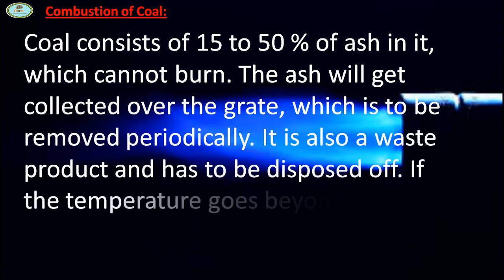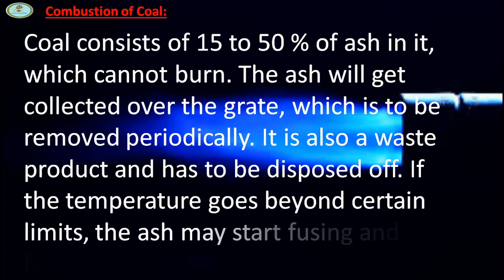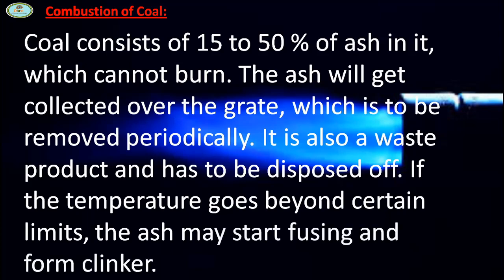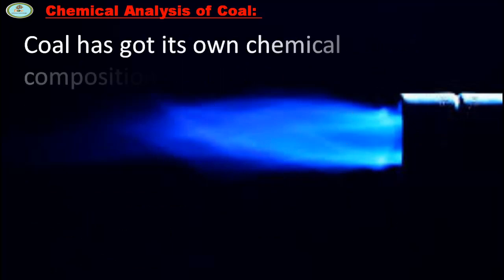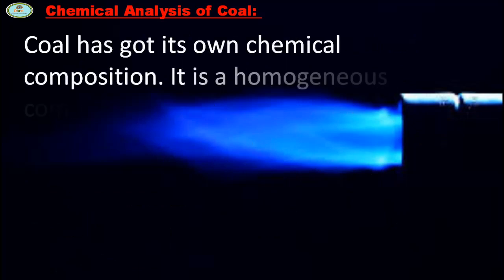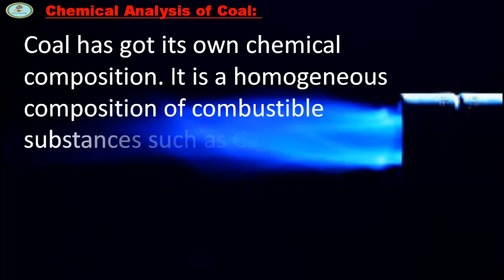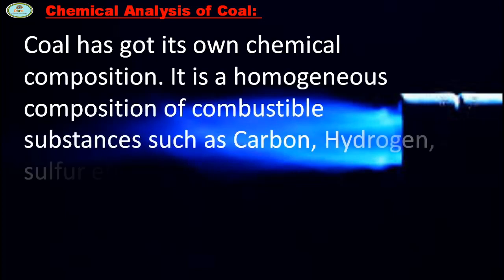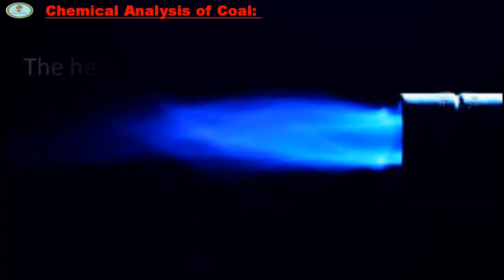If the temperature goes beyond certain limits, the ash may start fusing and form clinker. Coal has its own chemical composition. It is a homogeneous composition of combustible substances such as carbon, hydrogen, sulfur, etc. The composition of coal can be analyzed in a laboratory test.